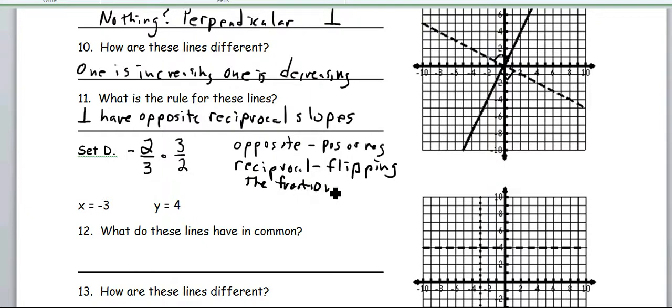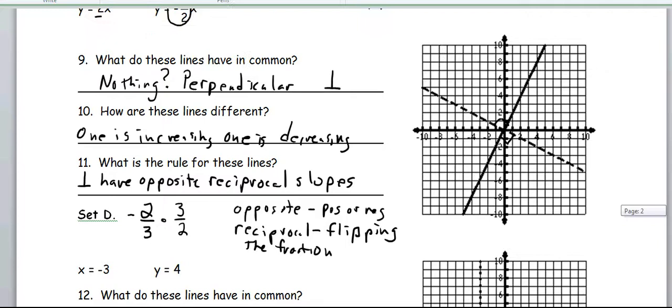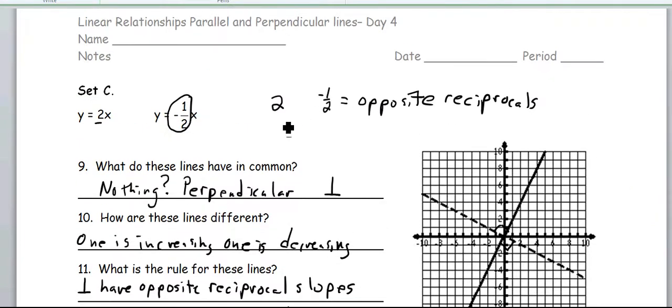And you said, well, on that first one it was not a fraction, it was just a 2. Well, if you look at this, 2, I can make a fraction by putting it over 1. So I have a 2 over 1. I flip it, the 1 goes on top, the 2 goes on the bottom. This was a positive. This becomes a negative. Opposite reciprocal.